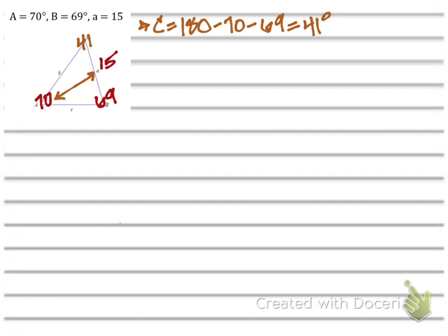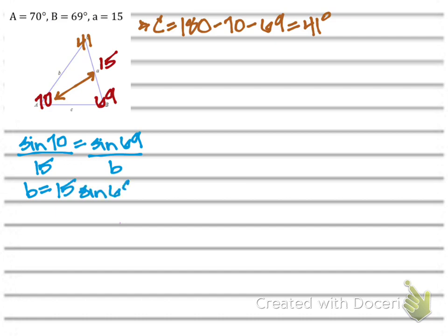So let's go ahead and find side B. Again, that base ratio, or what I call the base ratio, we're going to start with the sine of 70 over 15 is the sine of 69 over B. Again, when I cross multiply and divide, I'm going to have that B is 15 sine 69 over the sine of 70. Which is 14.9.